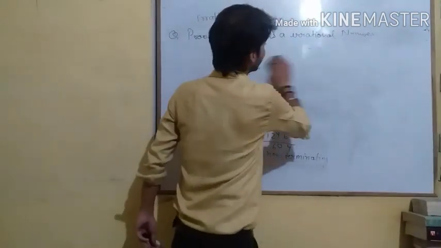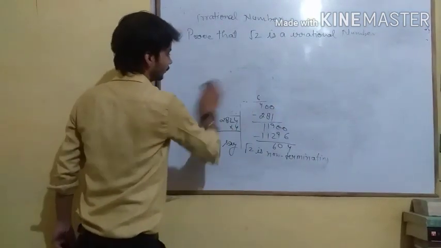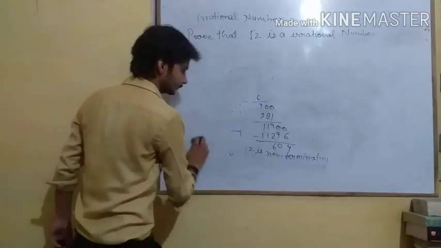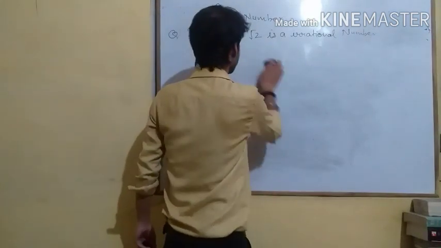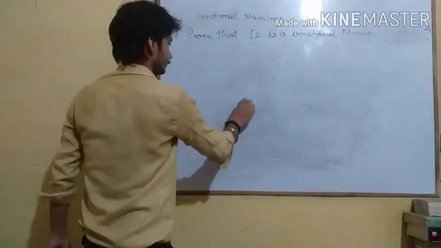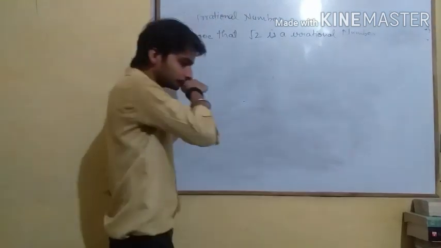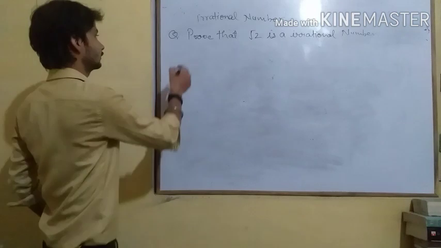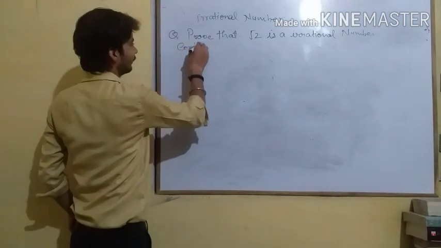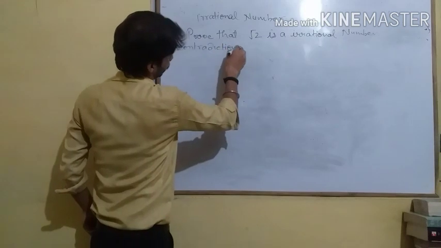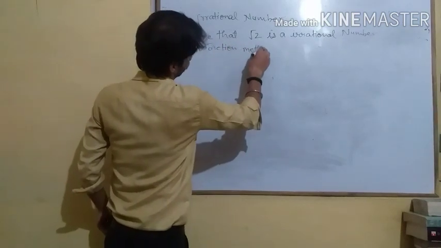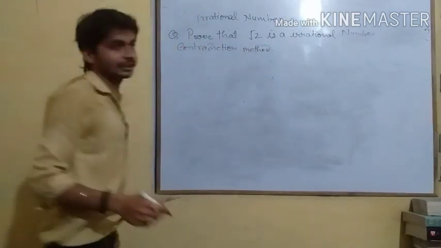The second method is the contradiction method. For the same value I am using the contradiction method.